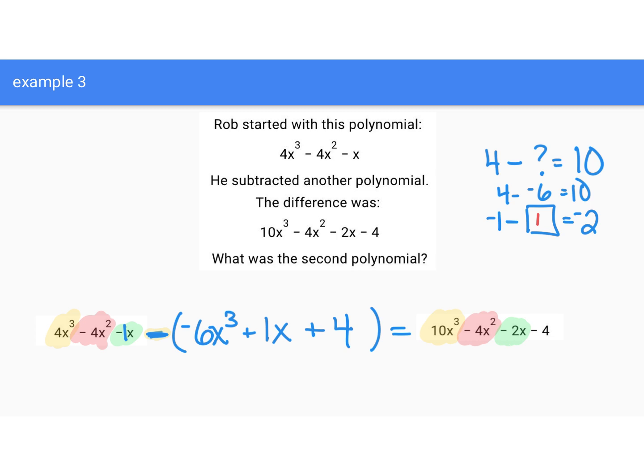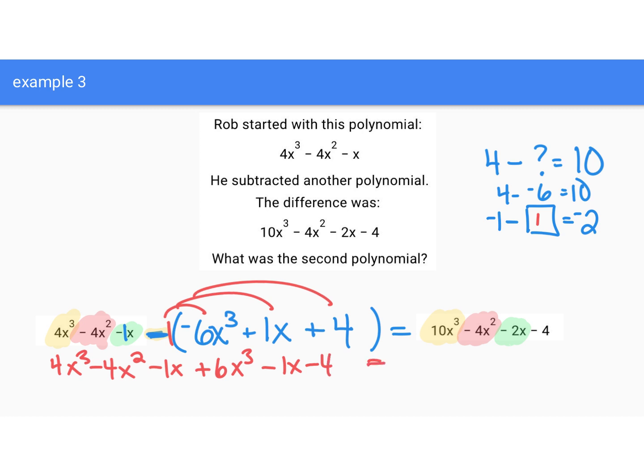One of the things you could do is put this negative here and distribute your negative sign to make sure that your polynomial is indeed going to give you what you think it should. So it would switch your signs to a positive 6x cubed, a minus 1x, and a minus 4, and then check all your combining of like terms. This does indeed give you the 10x cubed.